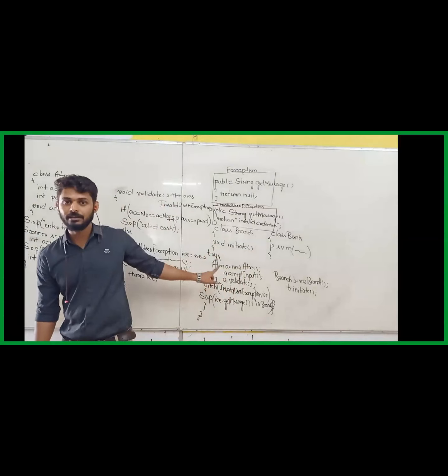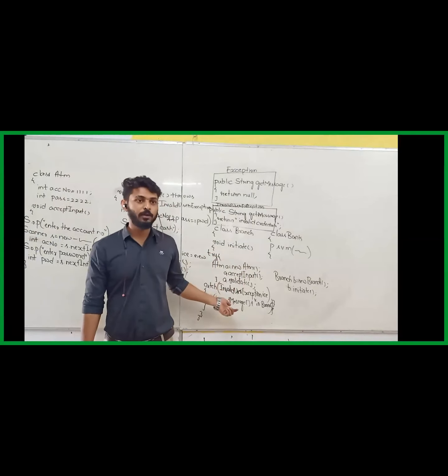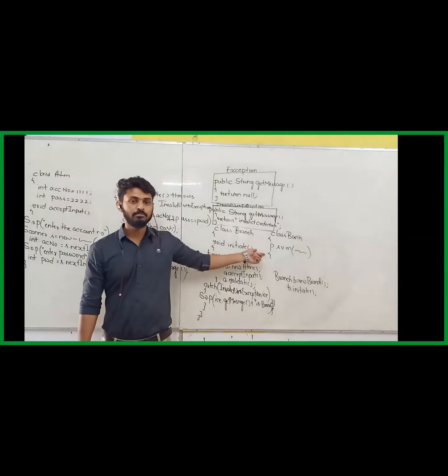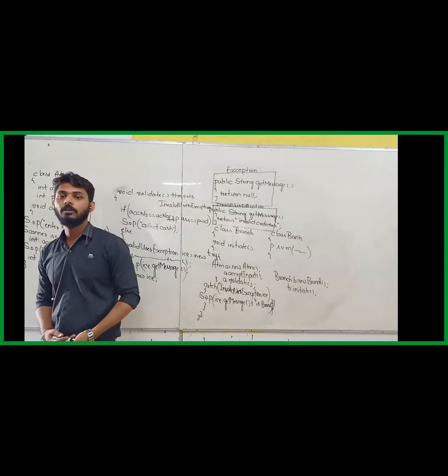Okay, you handled it here, right? If you have not handled it, then what should you have done? Duck it. How do we duck? Just write throws and the respective type of exception. Clear? Any doubt in this? No?